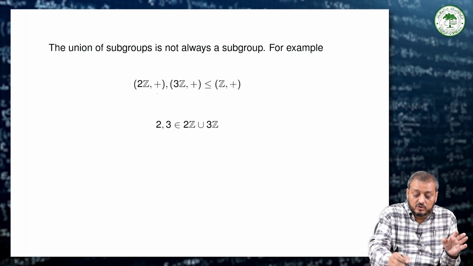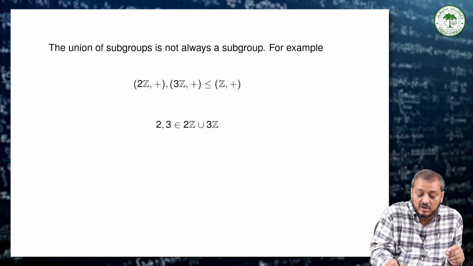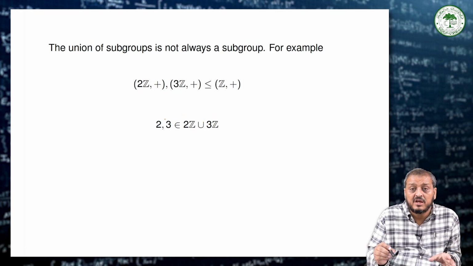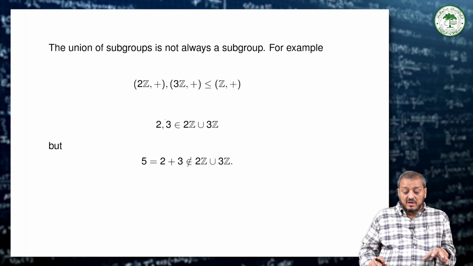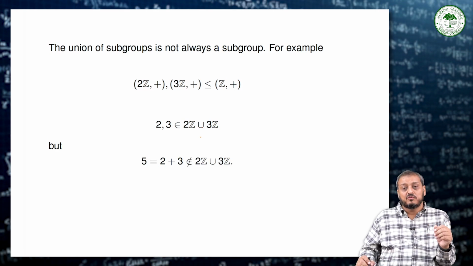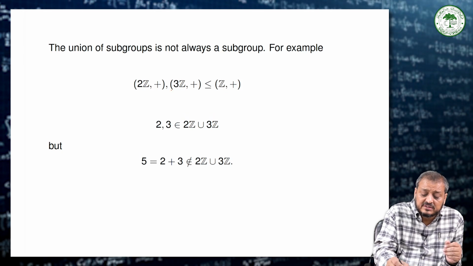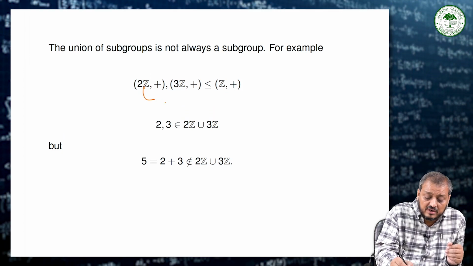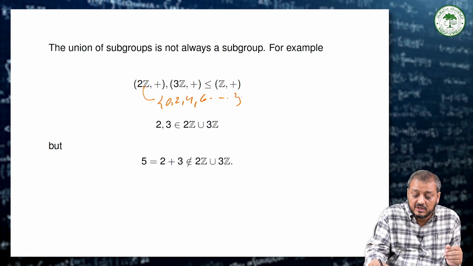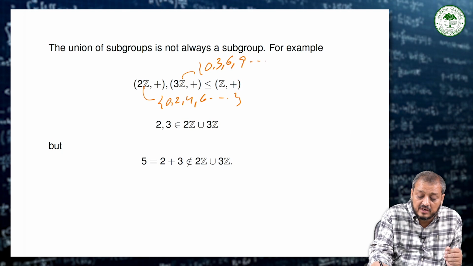Now take two elements, 2 and 3, which are elements of the union of 2Z and 3Z. If we take 2 plus 3, that is equal to 5, and 5 does not belong to the union. The elements of 2Z are 0, 2, 4, 6 and so on, and the elements of 3Z are 0, 3, 6, 9 and so on.